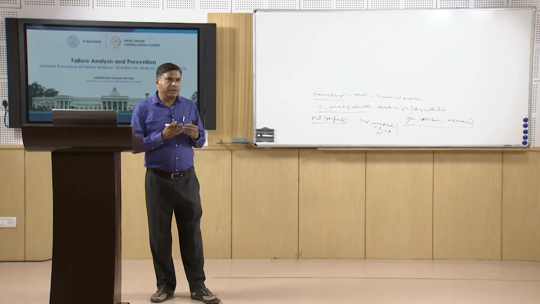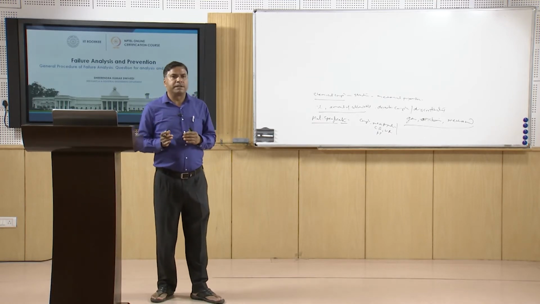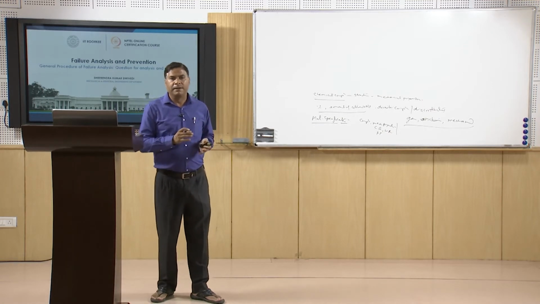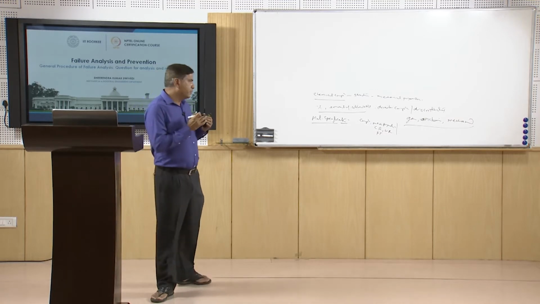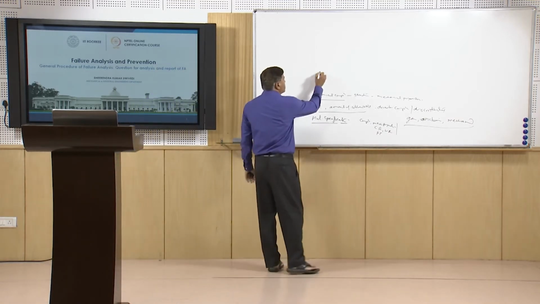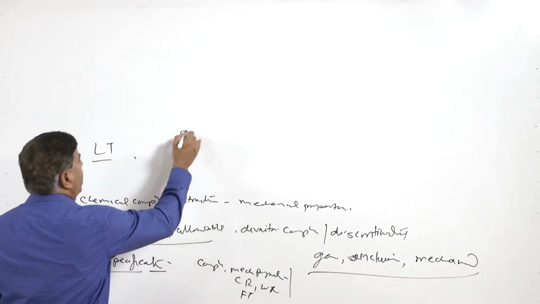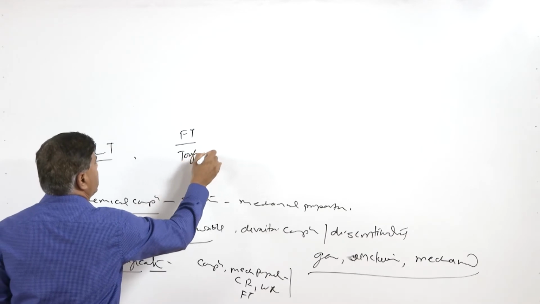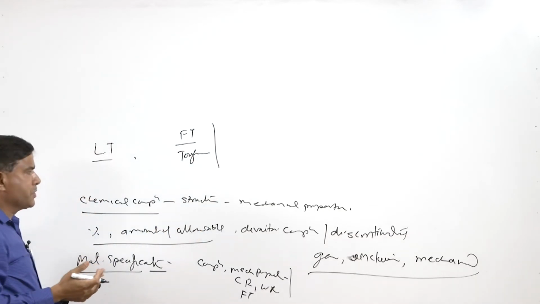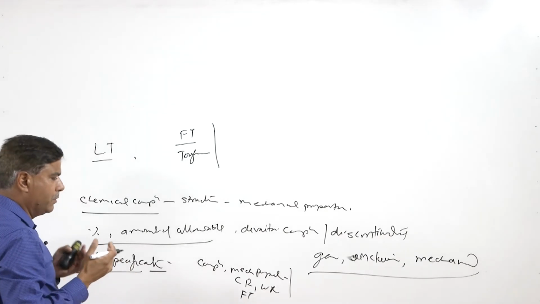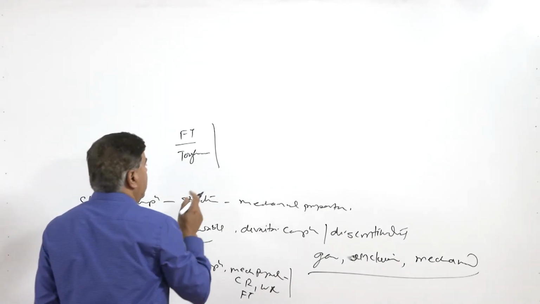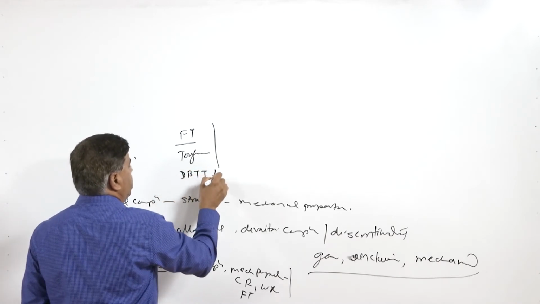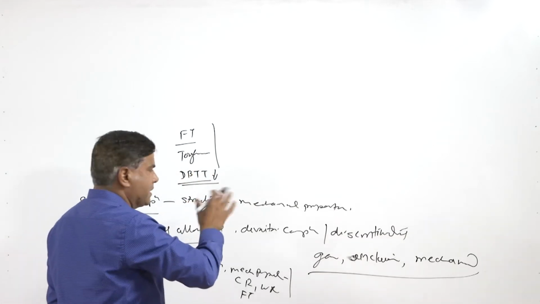Then also we need to see if the mechanical properties were appropriate for the given application and service conditions or not. For example, a component to be used under low temperature conditions must have the required fracture toughness, so that it has good resistance to impact fracture. At the same time, its ductile to brittle transition temperature has to be sufficiently lower than the service temperature.